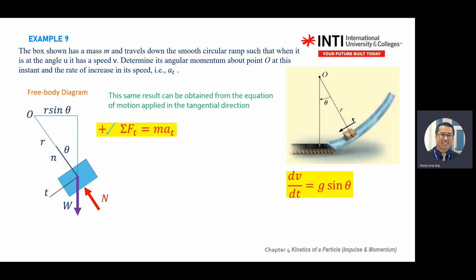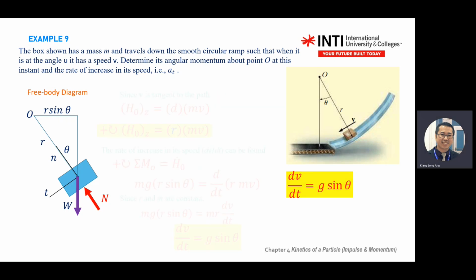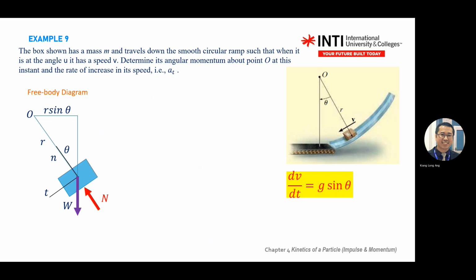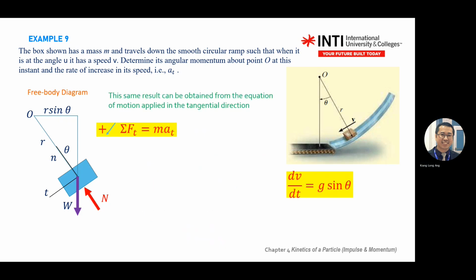By using this approach, there are two methods. One is the chapter 4 approach, and the chapter 2 approach, F equal to ma. You still get the same answer.